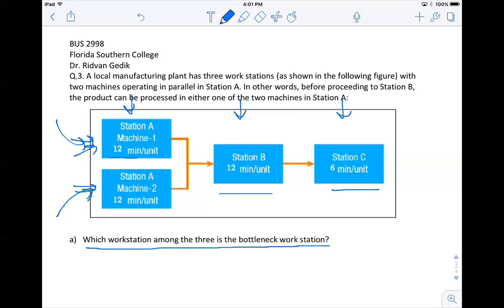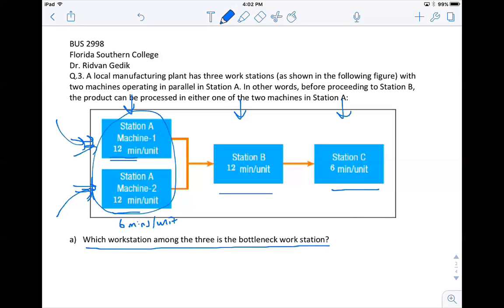They are both working on this input flow independently. As you can see, machine 1 can operate on 1 product, and it will be done in 12 minutes. And same for machine 2. Well, together, if we aggregate their capacity, workstation A should give us 6 minutes per unit, right? Because we can aggregate their production pace.